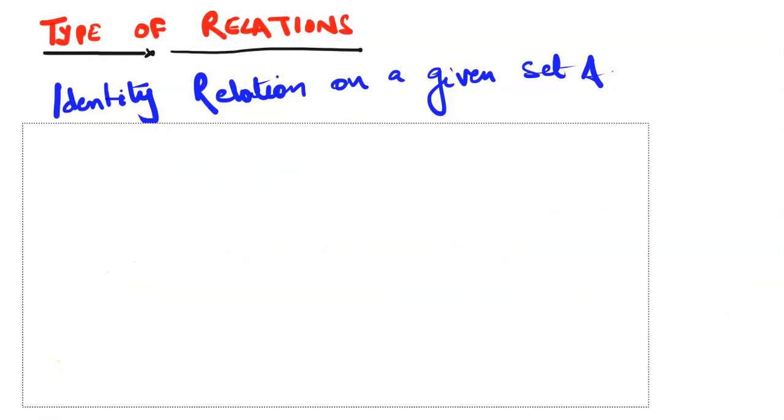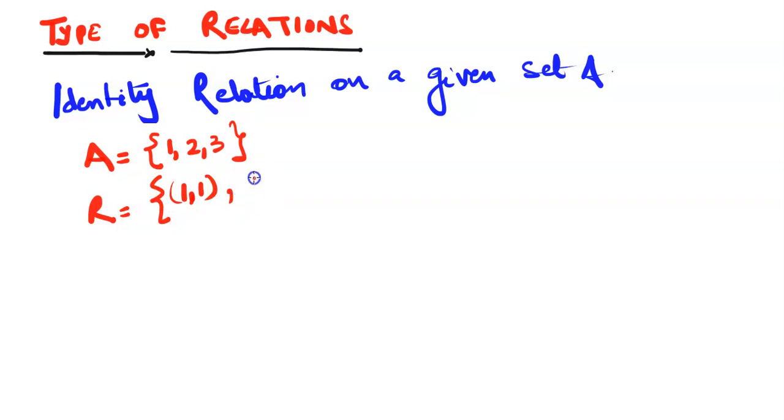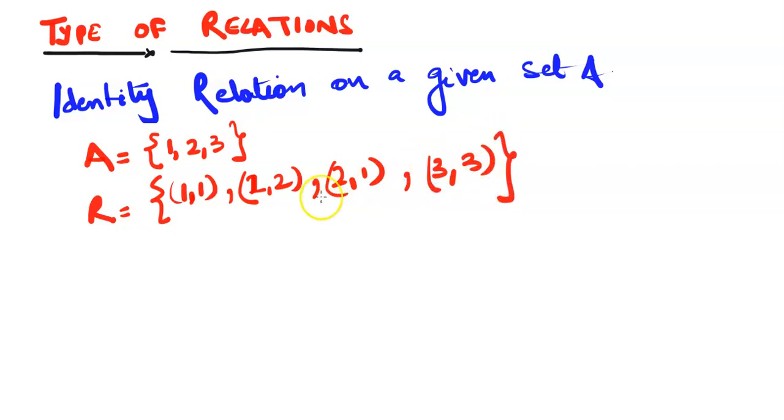So let's take another example. There is a set A with three values, and there is a relation R which says 1, 1, 2, 2, 2, 1, and 3, 3. Now it has 1, 1, it has 2, 2, it has 3, 3.